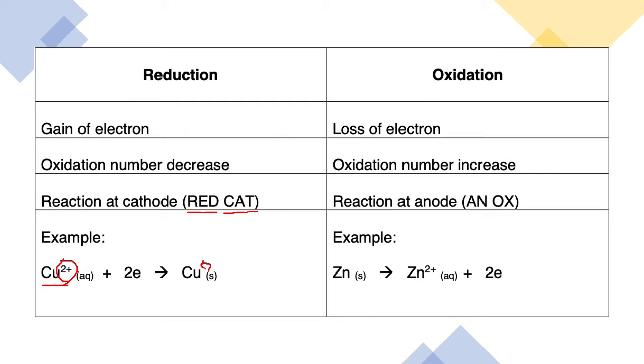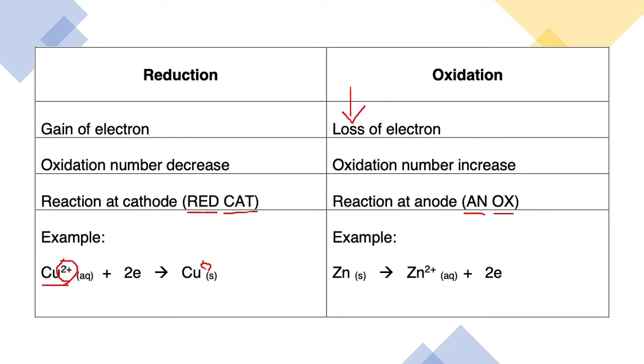Now, oxidation is a process of losing electrons, and the oxidation number will increase, and oxidation will always happen at the anode. So we make it anode oxidation, anox.